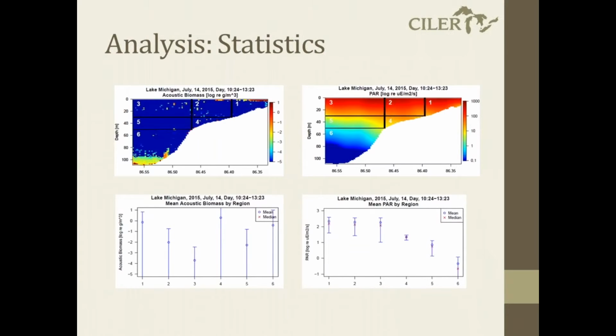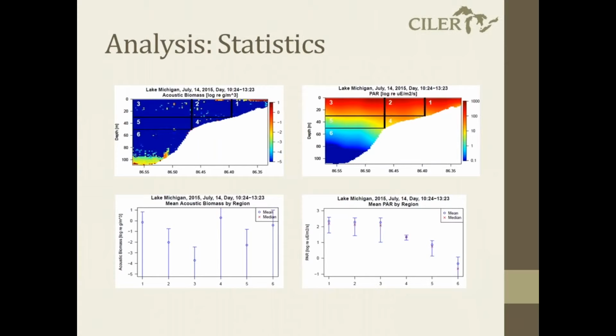And so we will plot some different parameters, mostly just looking at the mean, median, and standard deviation of each of these variables within the regions. On the bottom two plots, I'm plotting regions. At the top, you see regions 1 through 6, where regions 1, 2, and 3 are in the epilimnion, regions 4 and 5 in the metalimnion, 6 being hypolimnion, and then separation from nearshore to offshore, and then somewhere in between.